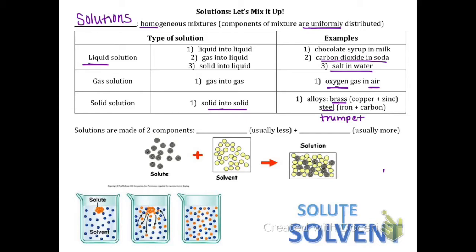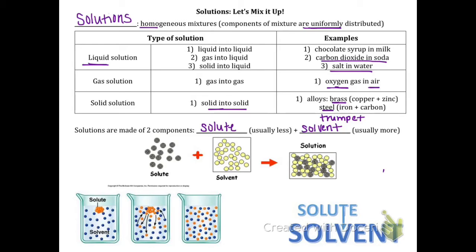Now, every solution is made up of two components. So here are some vocabulary words. One is called a solute, okay, and the other is called a solvent. When you mix a solute and a solvent, that's how you get a solution, okay? And so how do you know the difference between a solute and a solvent?